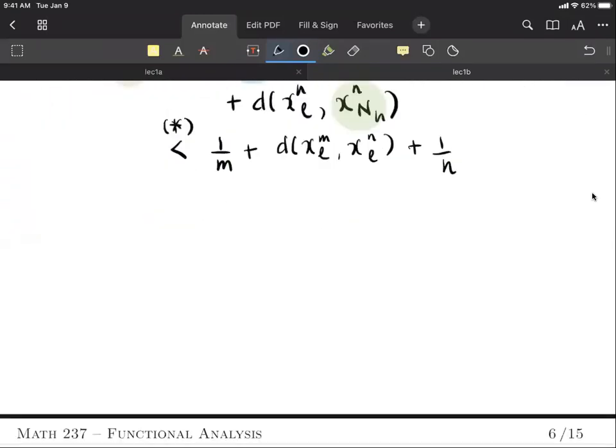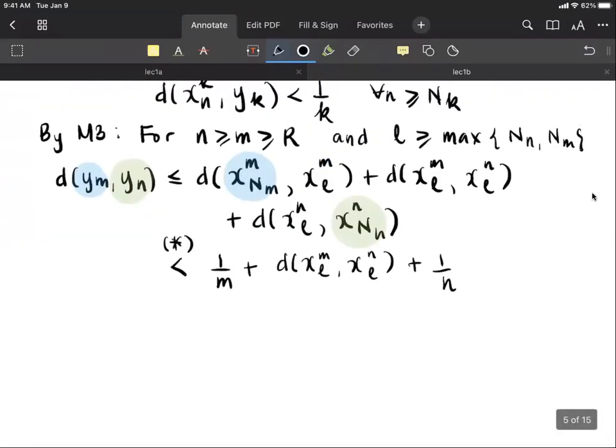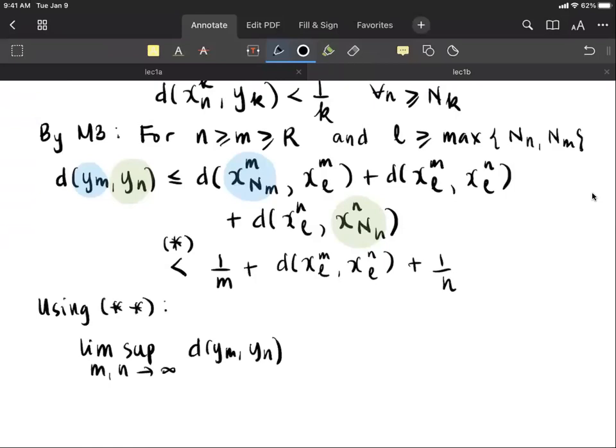So with that, using double star, if I take the limit, well, we don't know yet if the limit exists. So let us take the limit superior as m and n go to infinity of d(y_m, y_n). This is less than or equal to, this one goes to 0, this one goes to 0, and we have less than epsilon over 2.